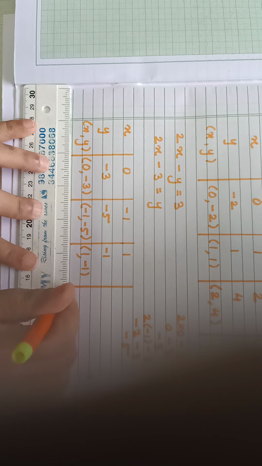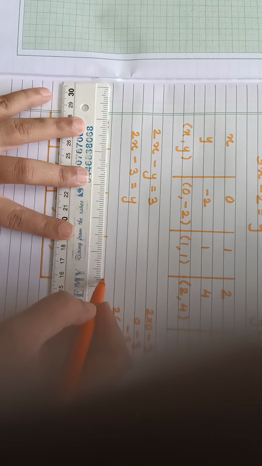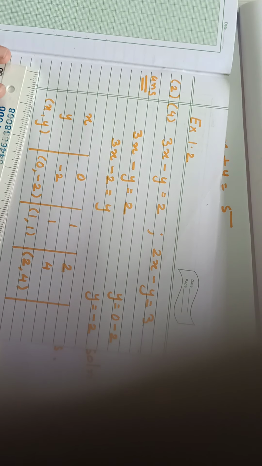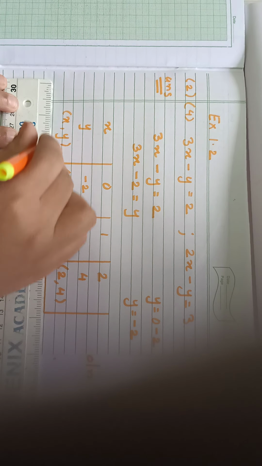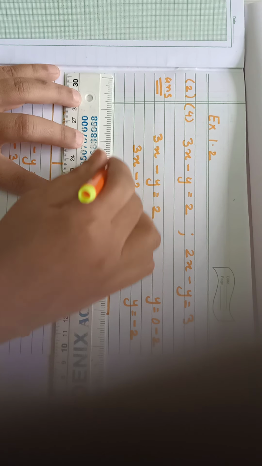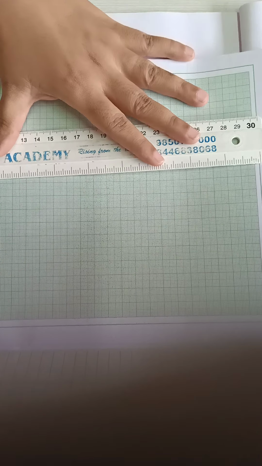So we have both the tables ready now. Now what you have to do is go to the graph paper and draw these two lines. Okay, now let's go to the graph paper and draw x-axis and y-axis.